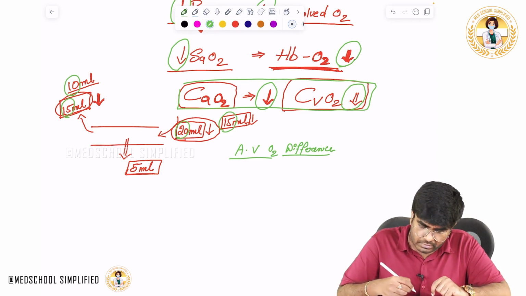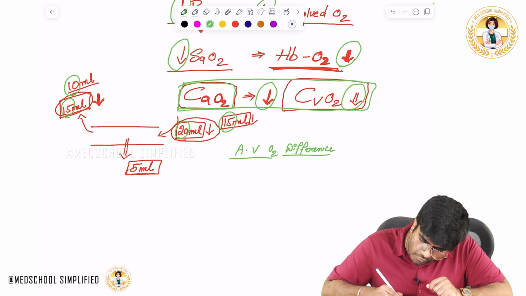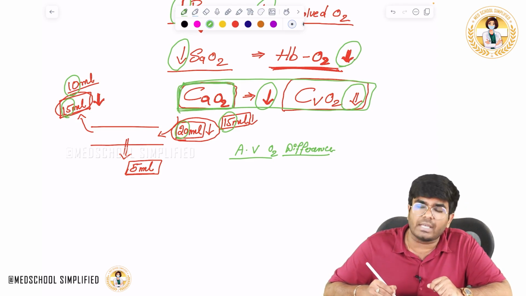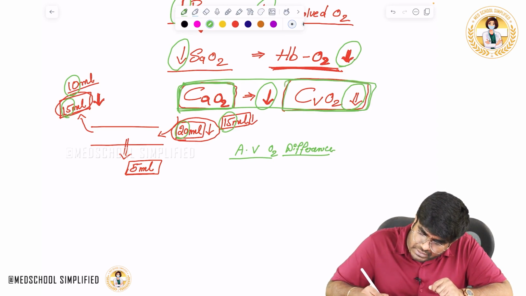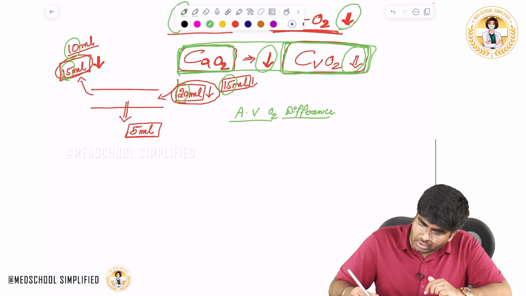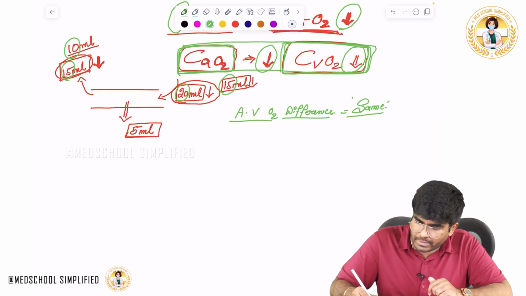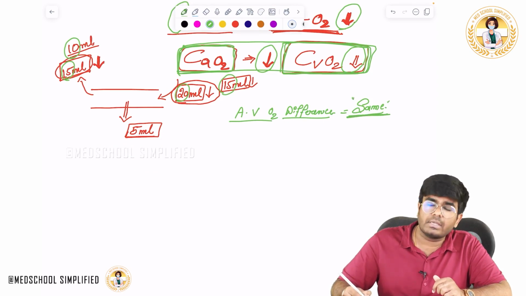So what is the difference now? 5, the same. In hypoxic hypoxia, the contents in arterial and venous blood decrease in the same proportion, so the arteriovenous oxygen difference remains the same.